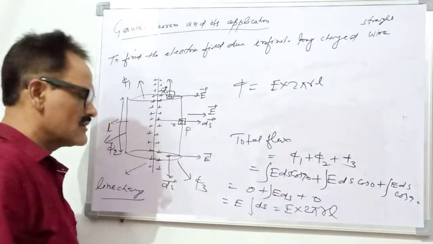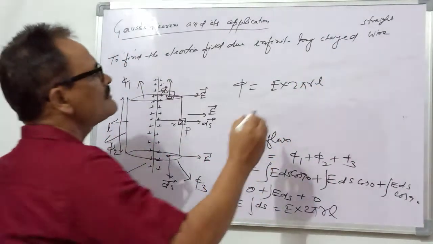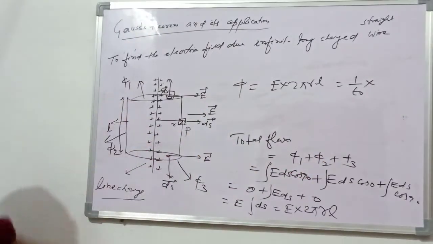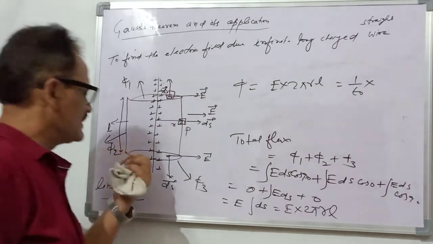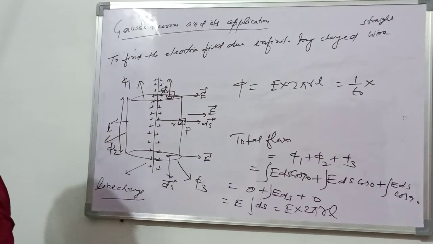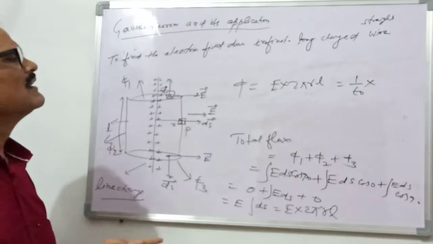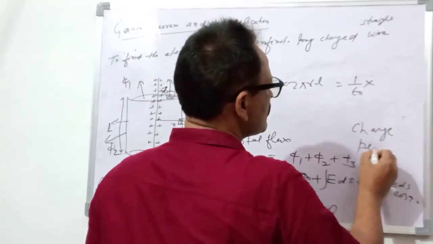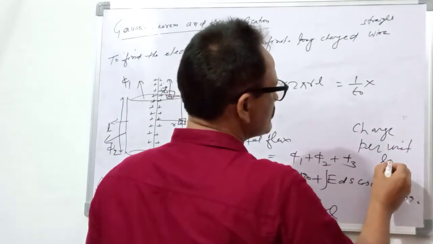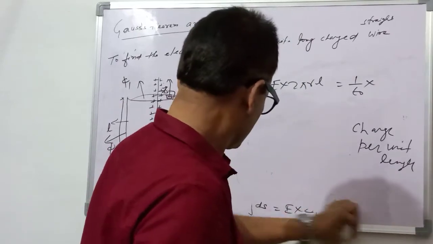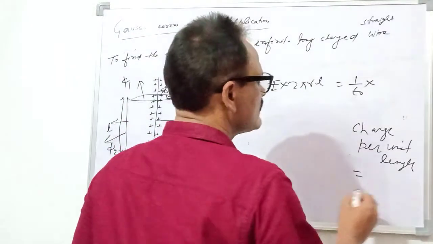Now using Gauss's theorem, according to Gauss's theorem, total flux is equal to 1 by epsilon naught times the charge enclosed inside this Gaussian surface. Now I am going to explain some terms. The charge is distributed along the length, and this charge is continuous, so the charge per unit length is lambda.